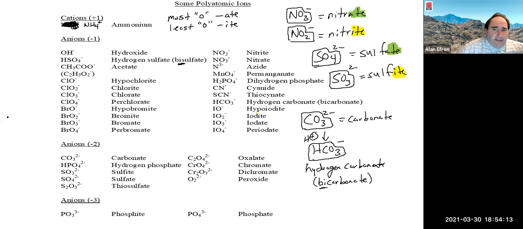Another common thing that we have are actually groups of 4 that are related to each other. So right here, in a group of 4, we basically have ClO4 minus, ClO3 minus, ClO2 minus, and ClO minus. Every single one of these have a -1 charge.